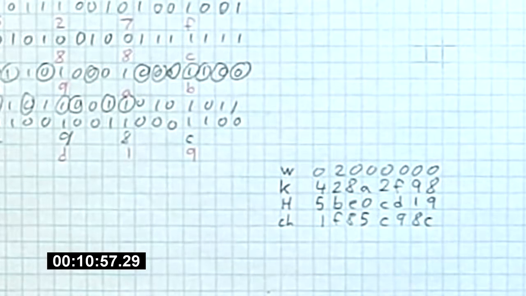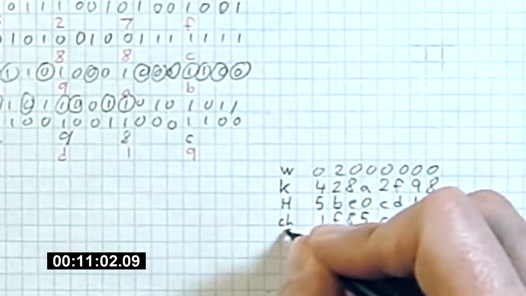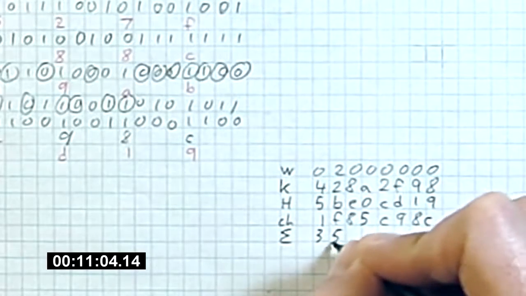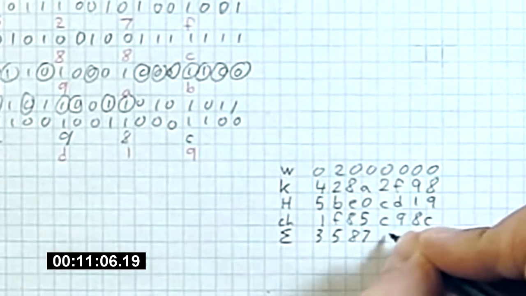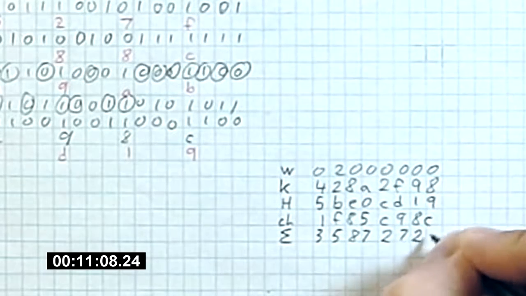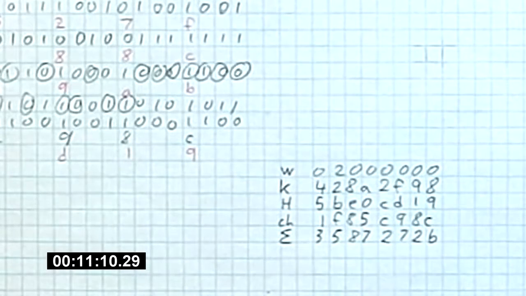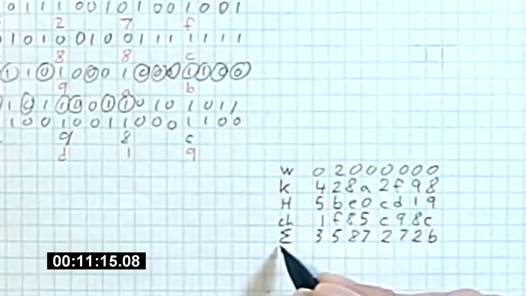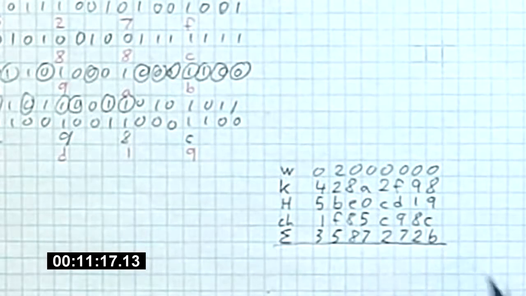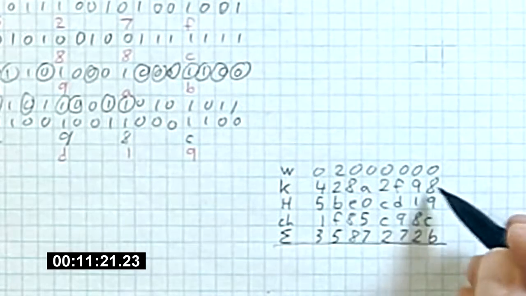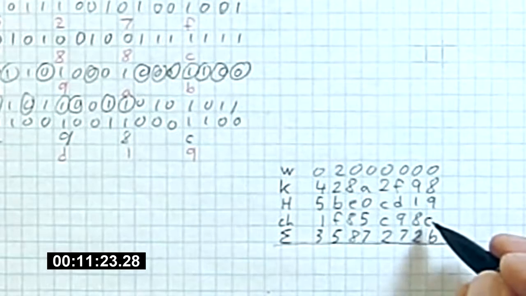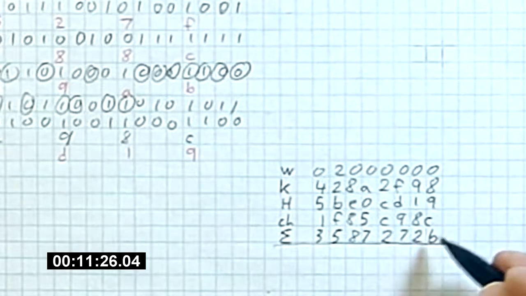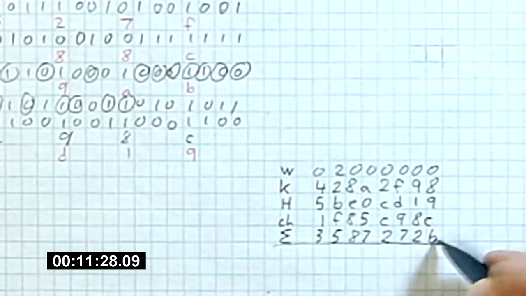And we take our summation of E, which was 3587272B. And now we add these values up in hexadecimal. It's just plain arithmetic except base 16, which makes it a little tricky. 8 and 9 is 17, and 12 is 29, and 11 is 40.